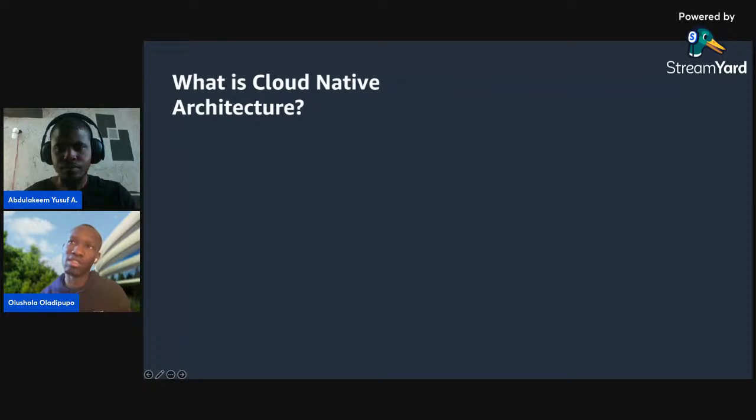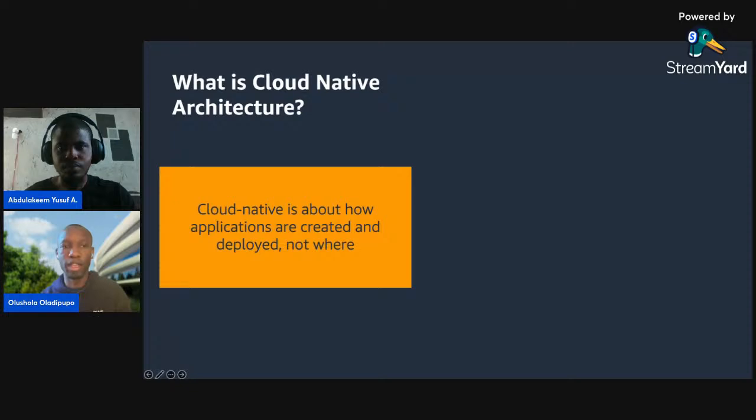Right. And still on cloud native architecture, I wanted to give two major broad points. Number one, cloud native is about how applications are created and how they are deployed, and not necessarily where.